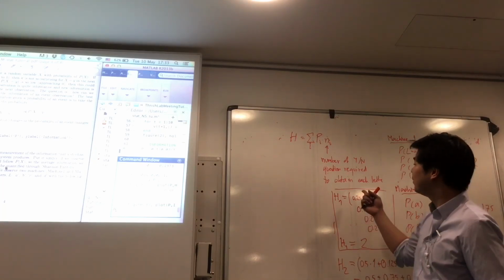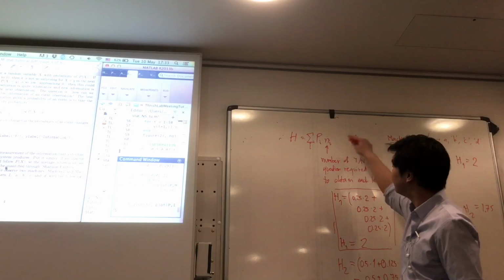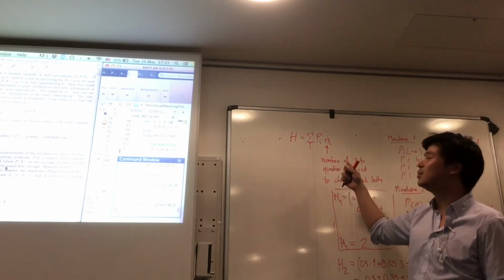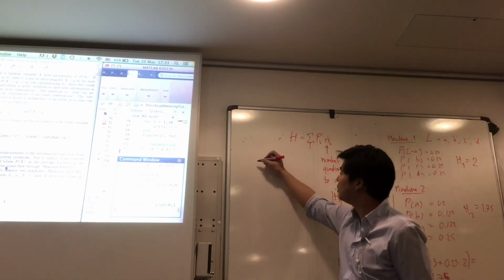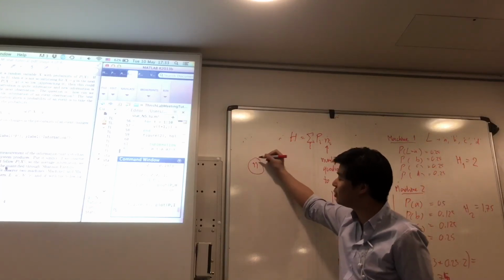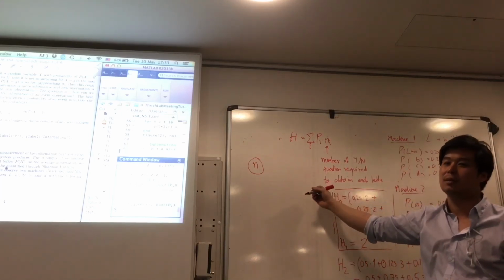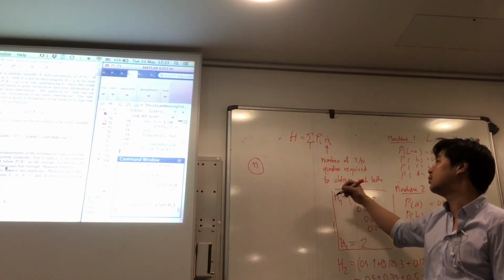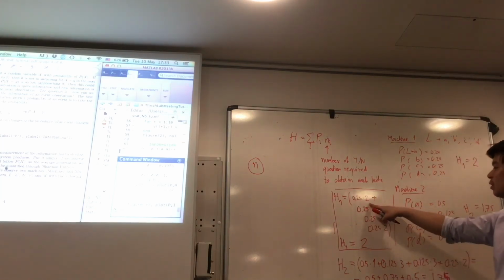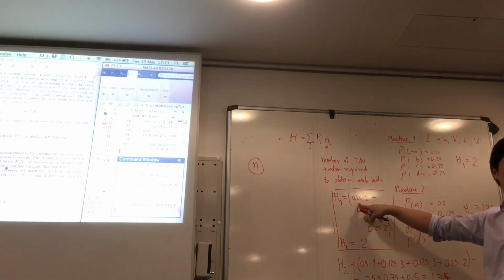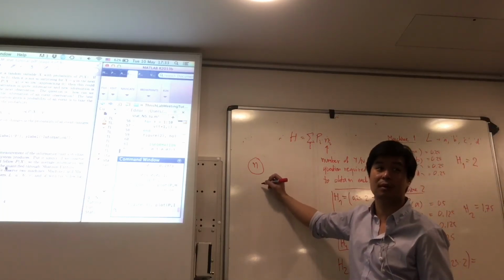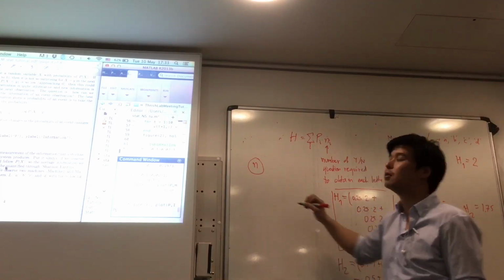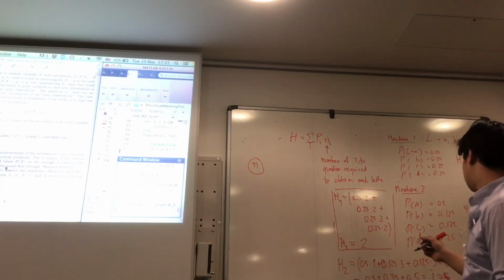So the Shannon entropy is defined. How can we know the number of yes or no questions required to obtain each letter? How can we define this? It's somewhat related to the probability. I was going to say n minus 1, because you have 3 questions more.